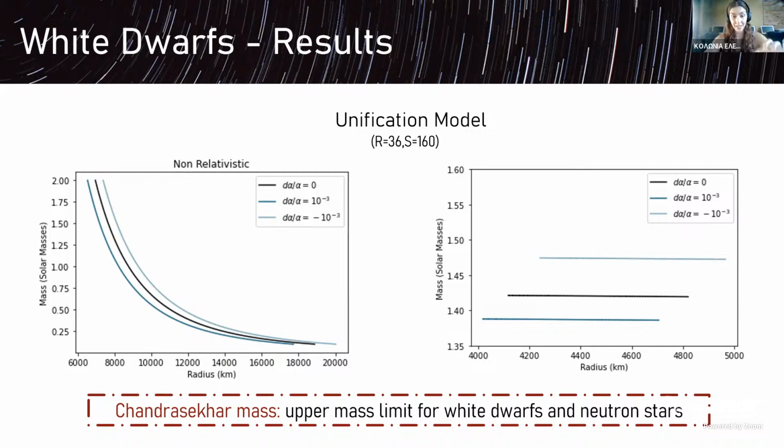Because this phenomenon overshadows the phenomenon induced by the variation of alpha, we actually get that a positive variation of alpha decreases the mass of the star. And this is the explanation of why it's smaller.